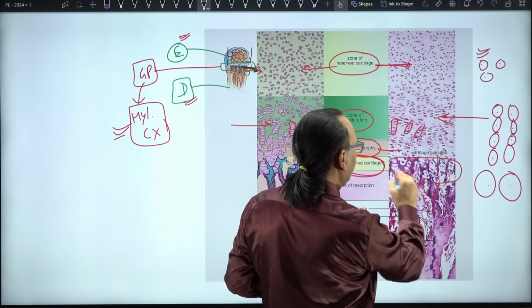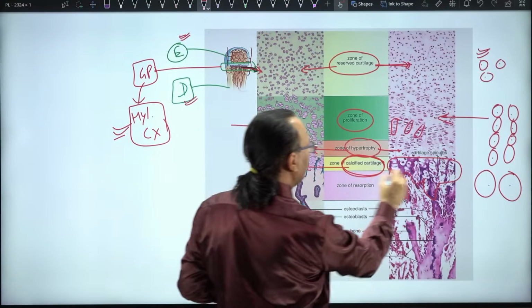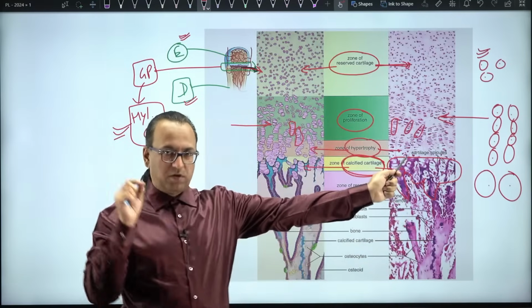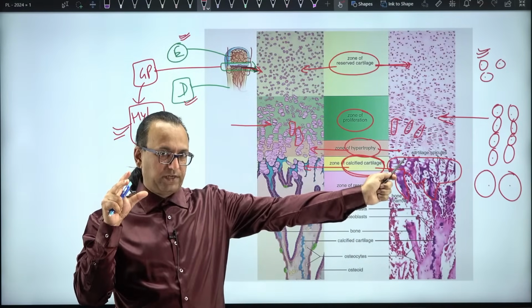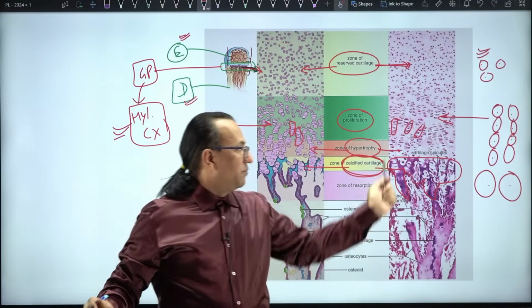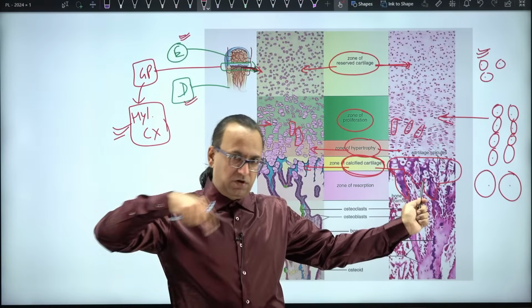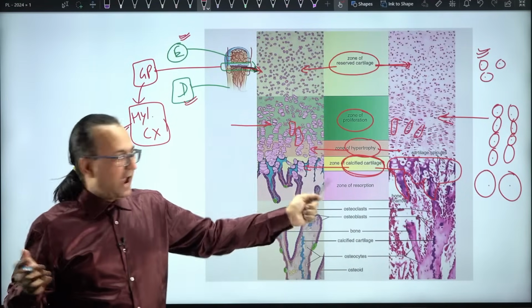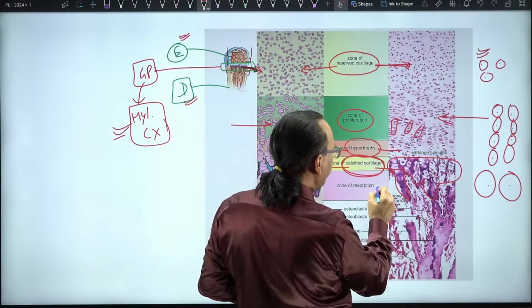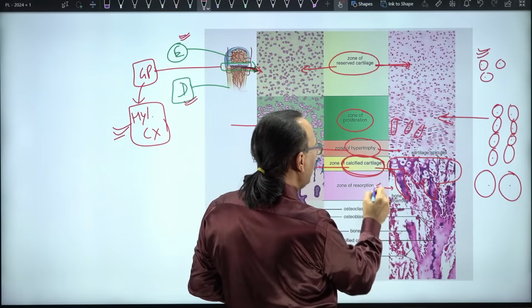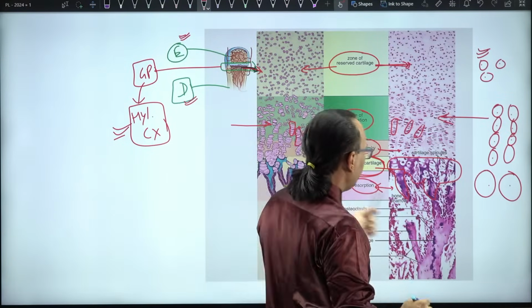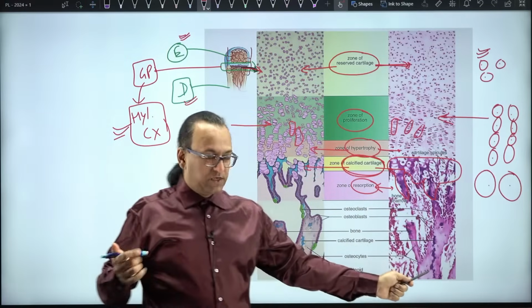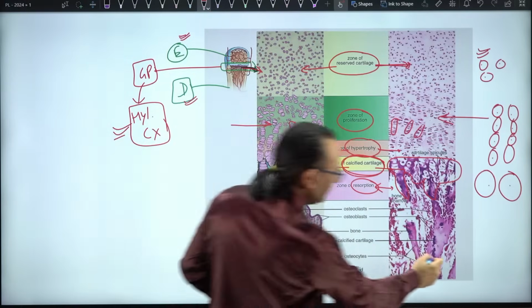Because of that calcification, what happens is the chondrocytes depend upon diffusion for their nutrients and metabolism. But once there is calcification around the chondrocytes, the diffusion is not possible, they die. And as they are dying, there will be a zone of resorption, and calcification will change into the bone. So this is the zone of ossification.